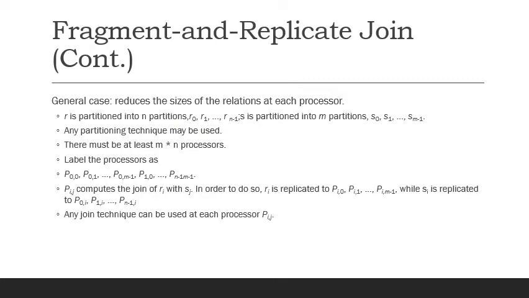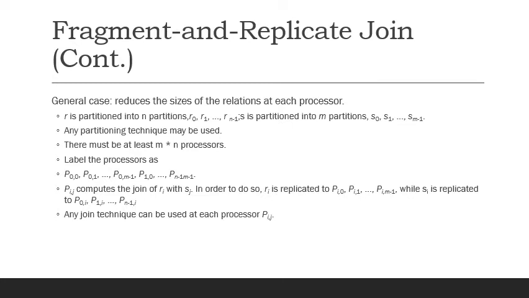General case of fragment and replicate join. The system partitions the relation R into n partitions, R0, R1, up to Rn-1, and partitions S into m partitions, say S0, S1, up to Sm-1.